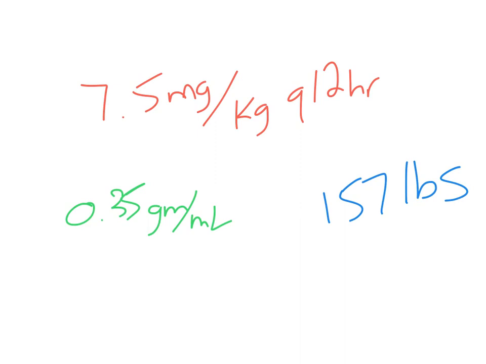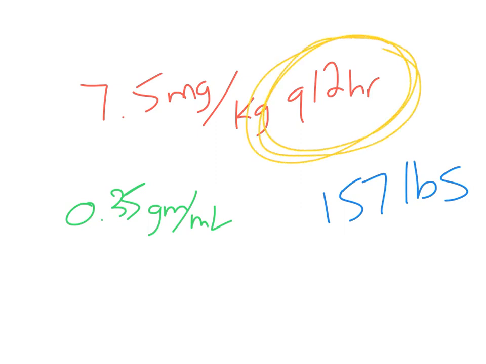So I want to know, what am I giving every 12 hours? I think a lot of people would read a problem like this and feel like we need to do something with this every 12 hours. But since it's saying that I want to know, what do I give per dose? Well, that's the per dose. Is it 7.5 milligrams per each kilogram of weight with every dose?